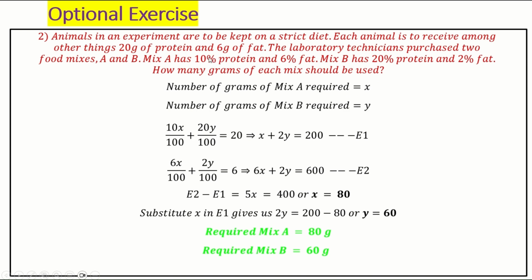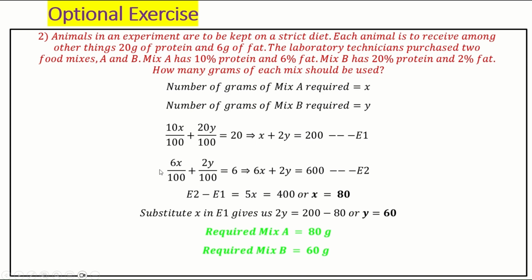So I get 10% of protein from x, then 20% of protein from mix B, that is 20y. So this is how I form the equation here. This should be equal to 20, as I need to get 20 grams of protein. So if I simplify this equation, it will become x plus 2y equal to 200.